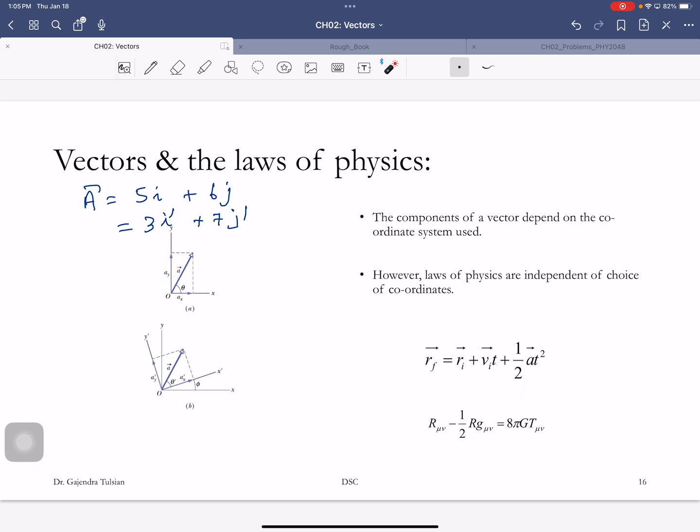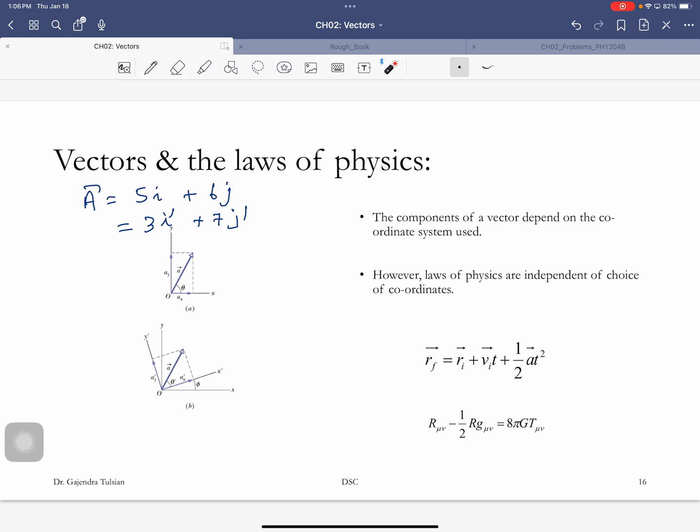So the laws of physics will be written like this. This is an equation that we'll see in the next chapter. What this is saying is that the final position vector is equal to the initial position vector plus velocity times time plus 1/2 acceleration times time squared.